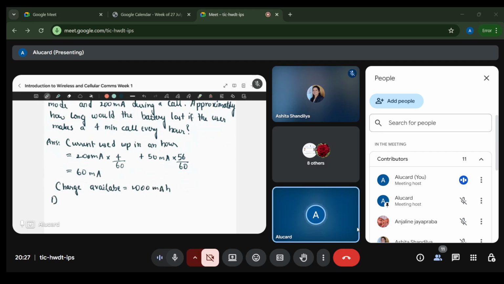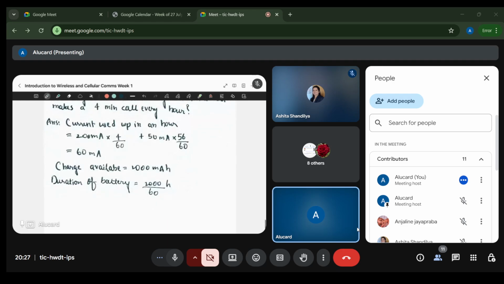So the duration of the battery is simply 2000 by 60 hours, which is 100 by 3, approximately 33 hours.